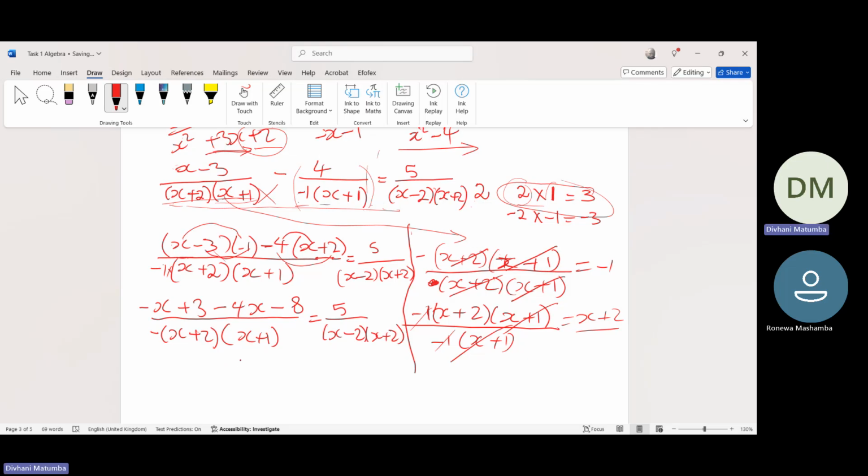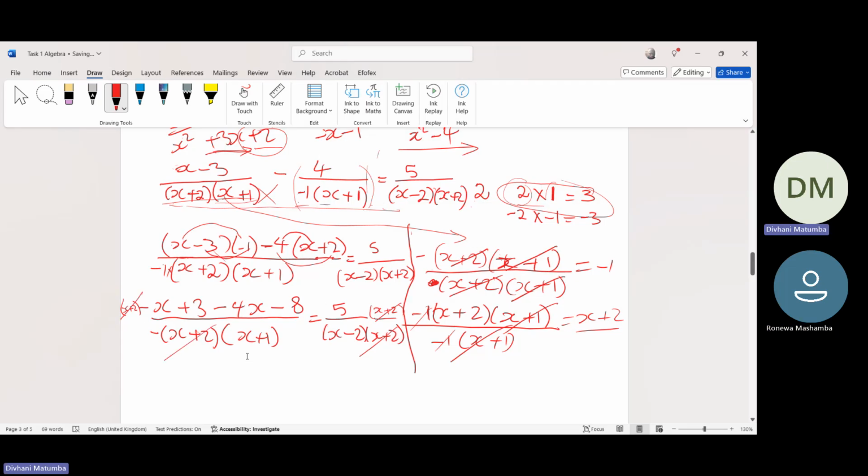Is it possible to cancel any factor? Do you see that if we multiply both sides by x plus 2, we will be able to cancel x plus 2? Yes, sir.